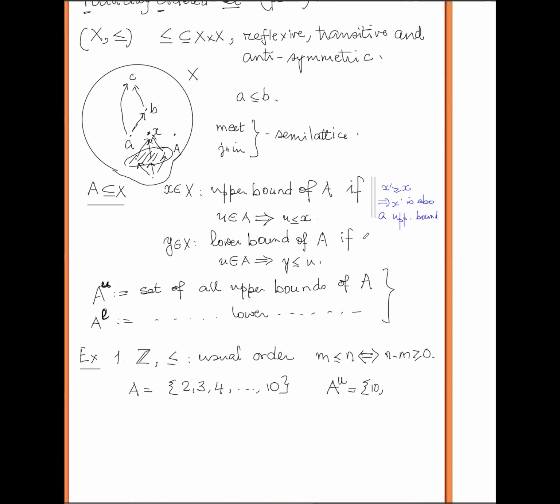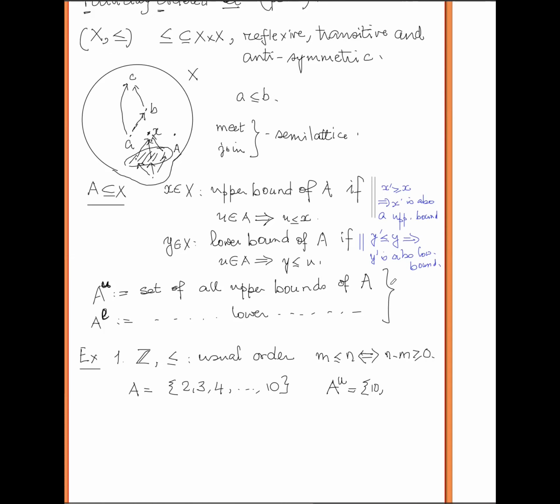And the dual of this: if Y prime is less than or equal to Y, then Y prime is also a lower bound. And this is expected. If you have something big, something bigger than that is obviously big.